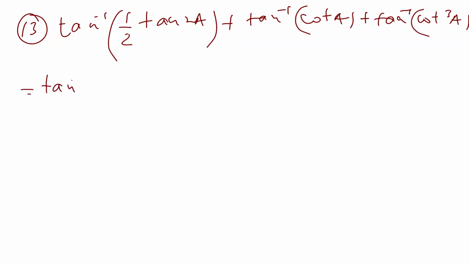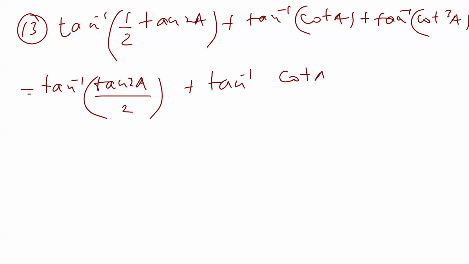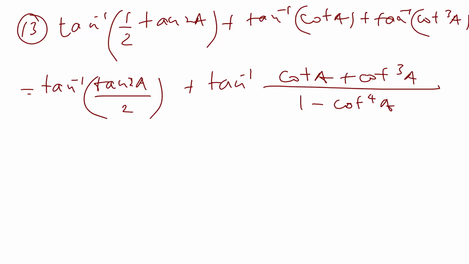So this is equal to tan inverse of tan 2a by 2 plus tan inverse of cot a plus cot cube a over 1 minus cot raised to 4a. So this is x and this is y.